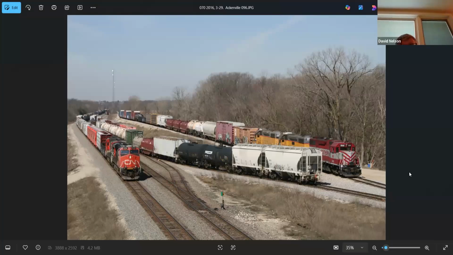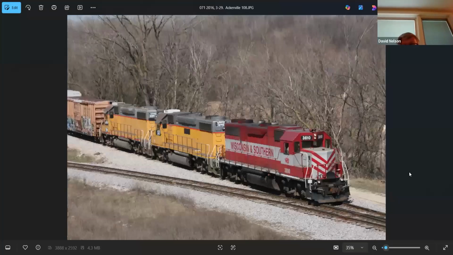Both crews, the Horicon crew that came down will take whatever cars were brought up off to Horicon, and the Milwaukee crew is now hooked up to cars that came down from Horicon, and off they go. So this is a junction and interchange and crew exchange on the Wisconsin and Southern in Ackerville, Wisconsin.